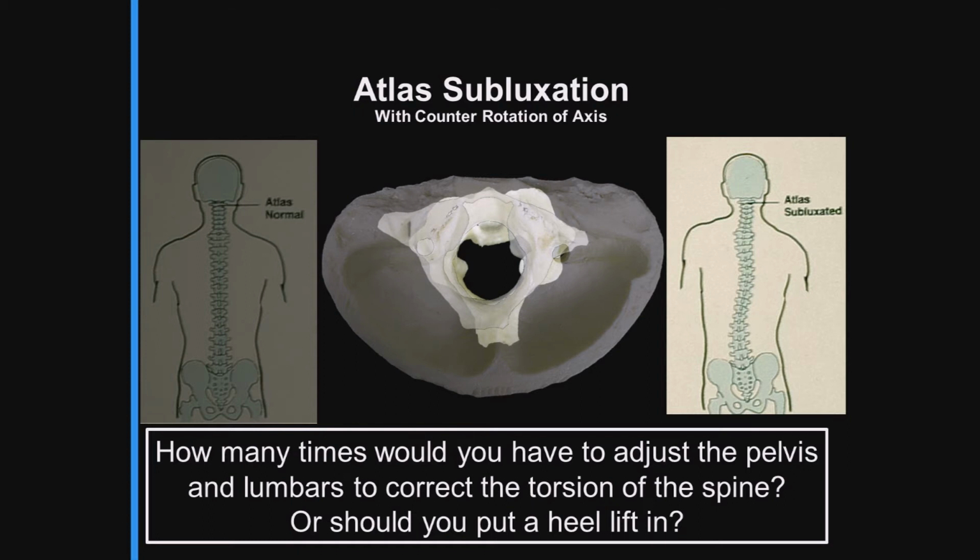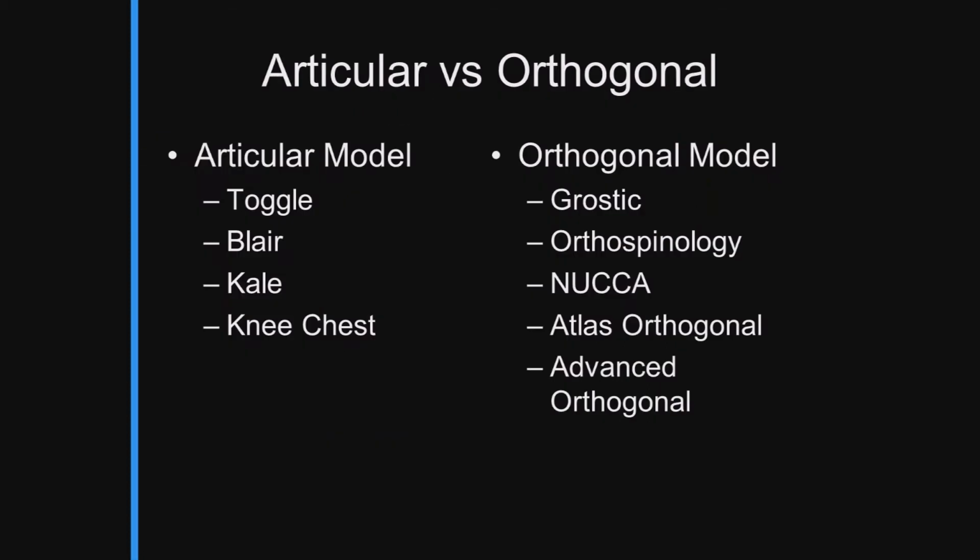And there's different models of care that have focused on this upper neck due to these irregularities of function and anatomy. If you look at it, you have the articular model, which is the more historical beginning of upper cervical care, where B.J. Palmer and the Palmer toggle package, hole-in-one concept, and Blair, Kale, Nichest have all been part of that articular model.